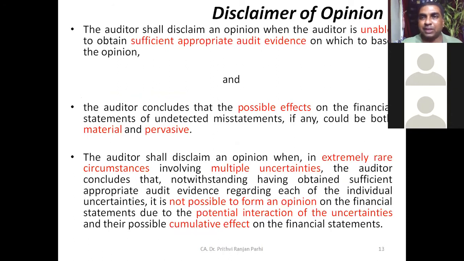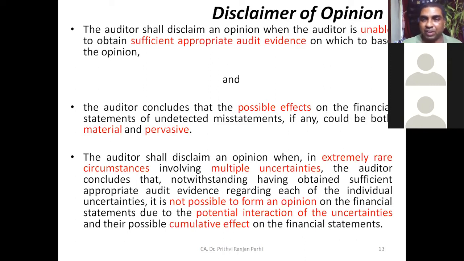And when the auditor issues a disclaimer of opinion, the auditor is unable to obtain sufficient appropriate audit evidence. Okay, for some reason, the auditor is unable to get this kind of audit evidence, because of his inability or non-cooperation of the client, etc. He is not able to collect sufficient audit evidence, and the possible effect of this is that he is unable to express an opinion whether the financial statement is clean or whether it is not showing a true and fair view.